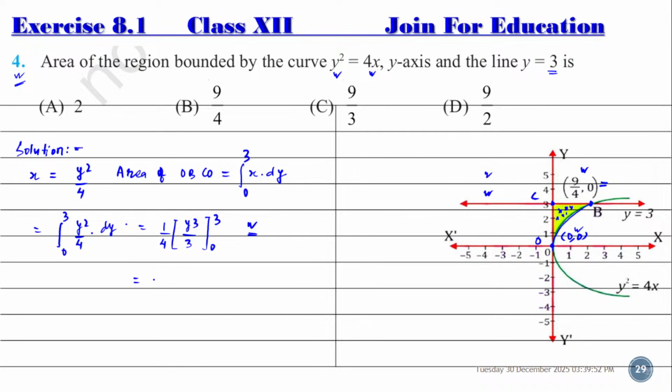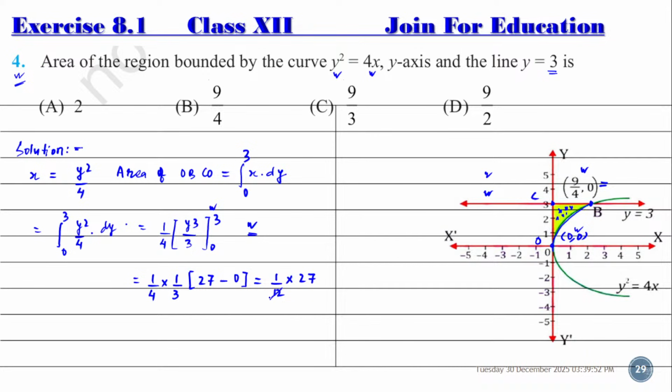Therefore, when we put in the value of the lower limit and higher limit, we write down here 1 by 3 into, when we put y equal to 3, we get 27, minus when we put y equal to 0, we get 0. So we get here 1 by 12 into 27.